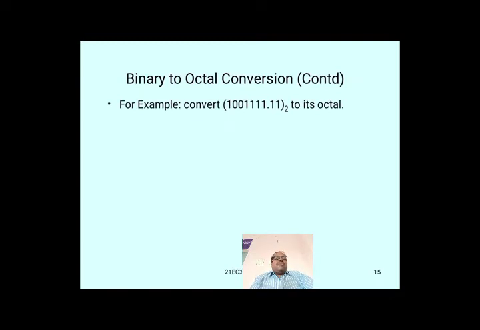Now for example, we are taking this value, 1001111.11 base 2, to convert to its octal value. The given number is grouped into 3 bits. We want to do it for the integer part from right to left, and for the fractional part from left to right.